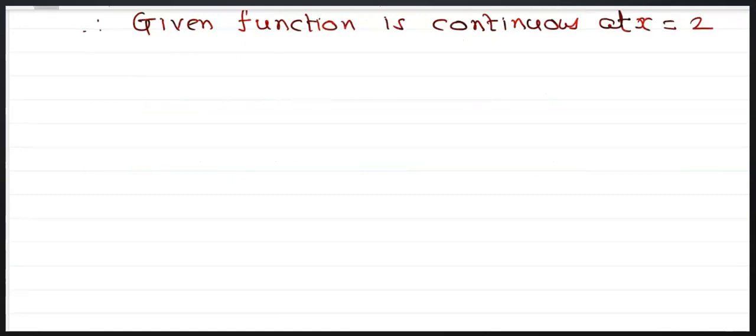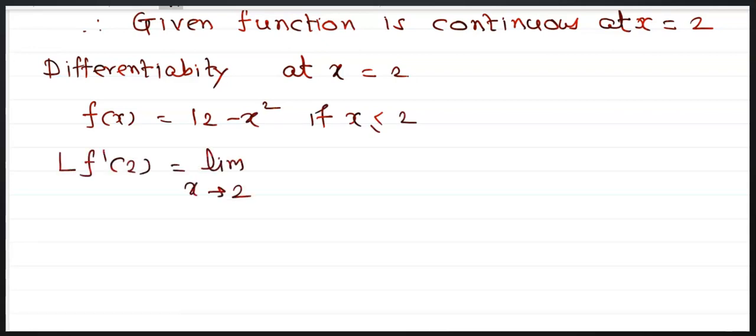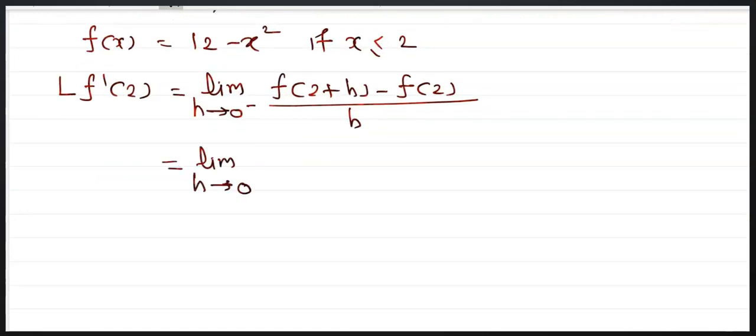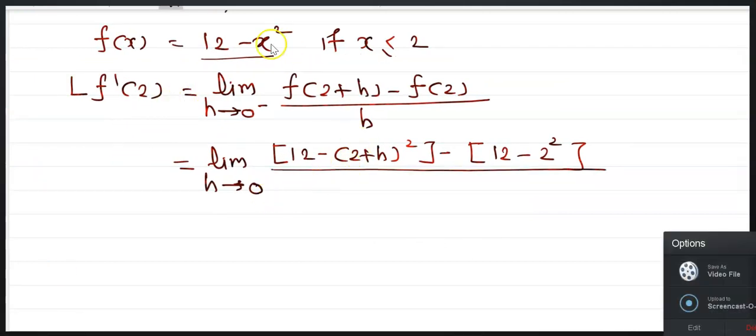Now about the differentiability. f of x equals 12 minus x square if x is less than or equal to 2. Left hand side differentiation, that is the limit x tends to 2 minus of f of 2 plus h minus f of 2 upon h. Now see this, the function 12 minus x square, that is 12 minus (2 plus h) whole square minus (12 minus 2 square), limit h tends to 0.